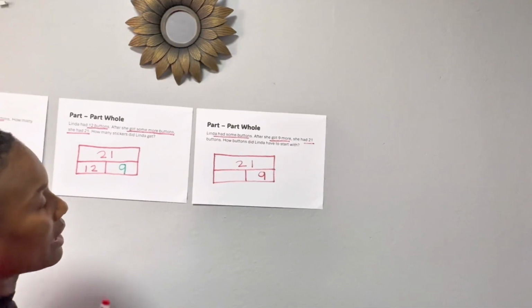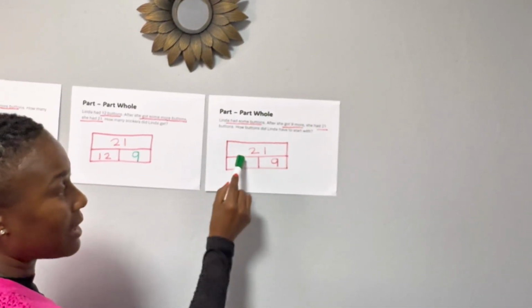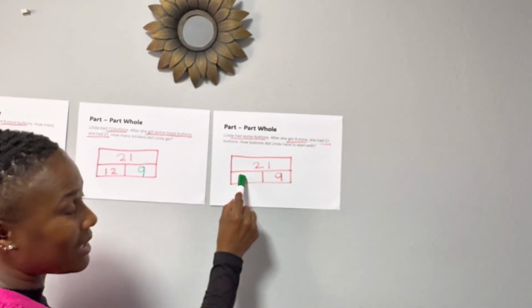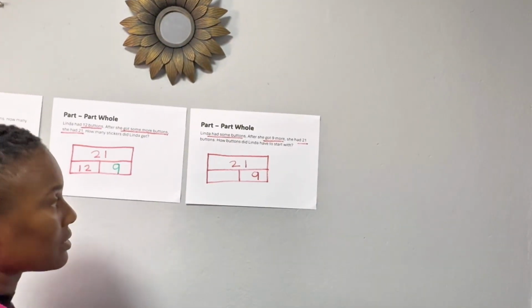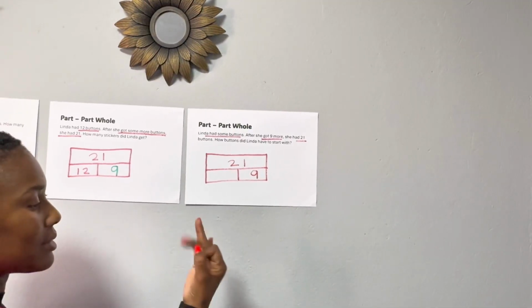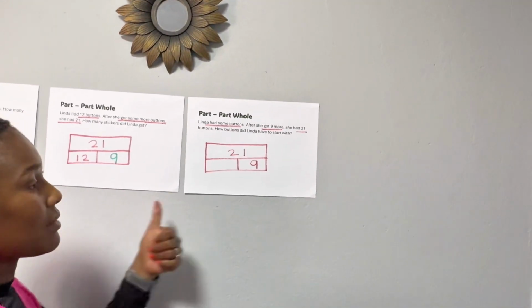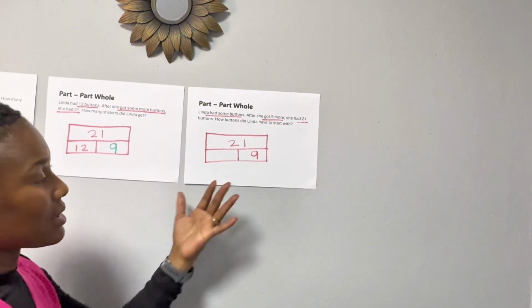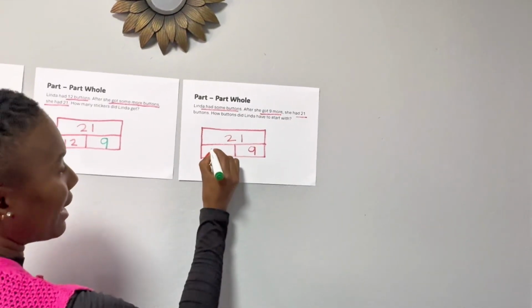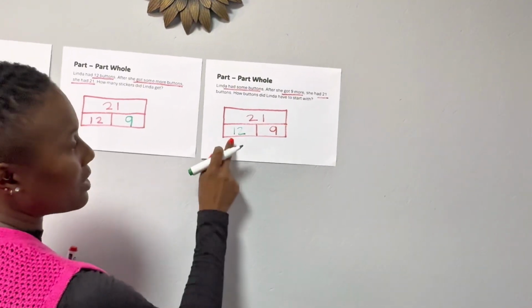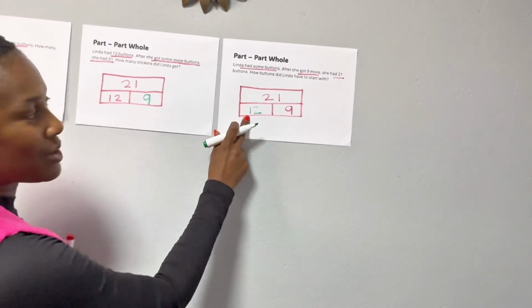Okay, now we need to figure out this start unknown. You can ask your learners to count on. It will be 10, 11, 12, 13, 14, 15, 16, 17, 18, 19, 20, 21, which is a 12. So the start unknown was a 12.